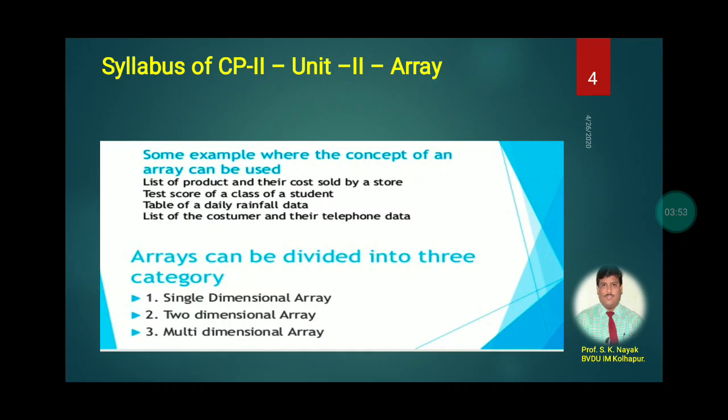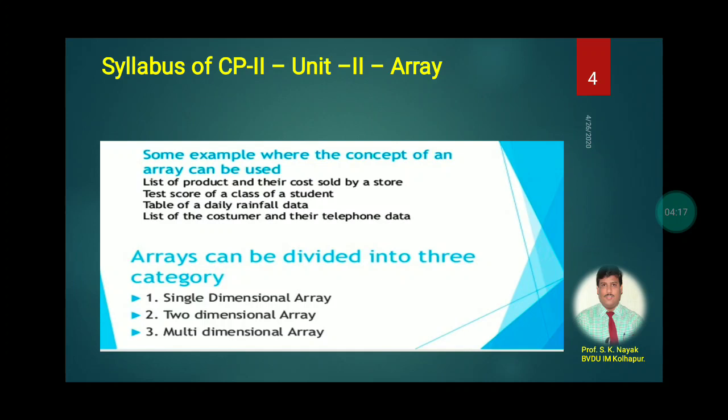Now we'll go for different types of array. According to the structure, and according to how data is stored, captured and organized, array can be defined into three categories. One is single dimensional array, second is two-dimensional array, and the third is multi-dimensional array.